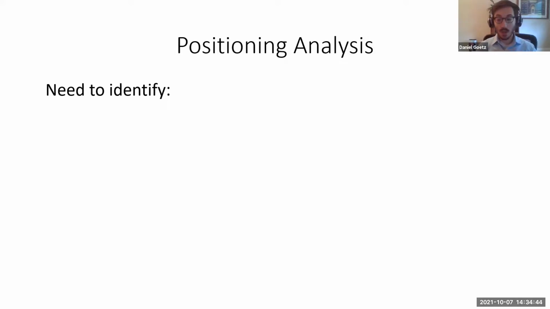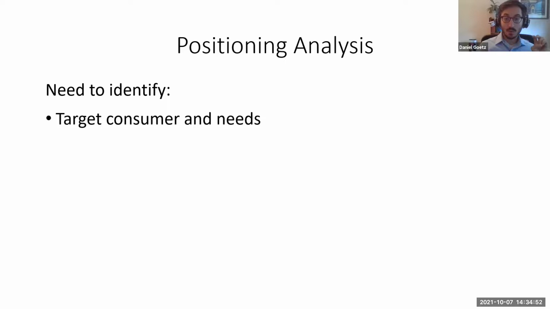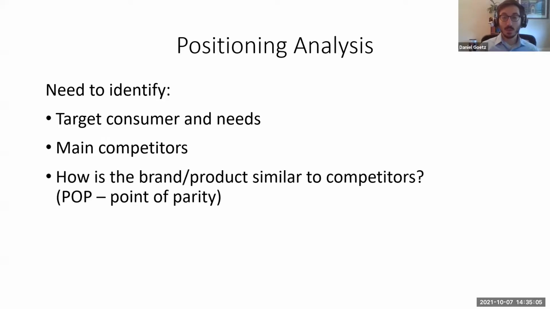So, positioning analysis. After you've segmented and targeted, you've hopefully identified your target customer and their needs. Then you want to identify your main competitors: who are the main competitors trying to serve this segment or these segments?